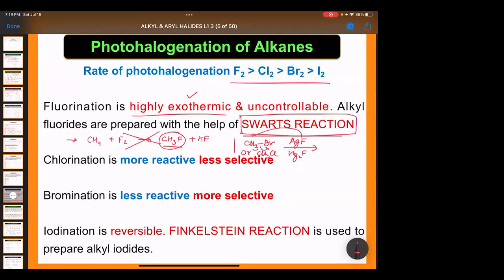The Schwartz reaction is where you prepare fluoride not by directly reacting with fluorine. Instead, you prepare alkyl bromide or alkyl chloride, then you substitute that bromide or chloride by fluoride. Is it clear? Very important. The name is also very important. You need to remember it.